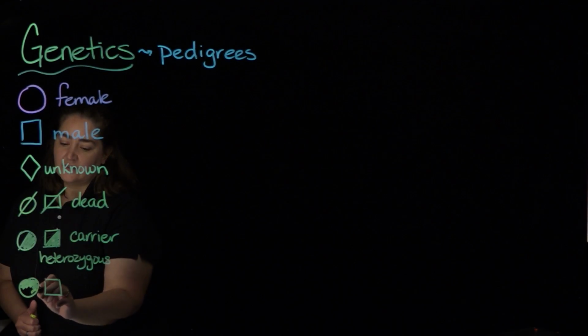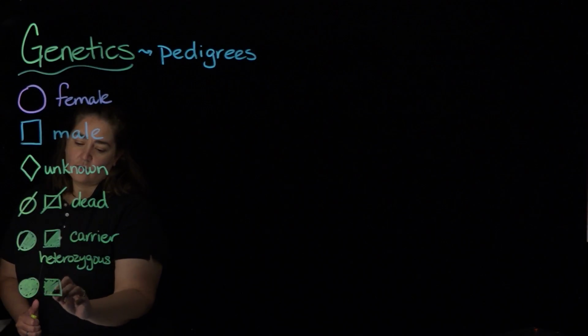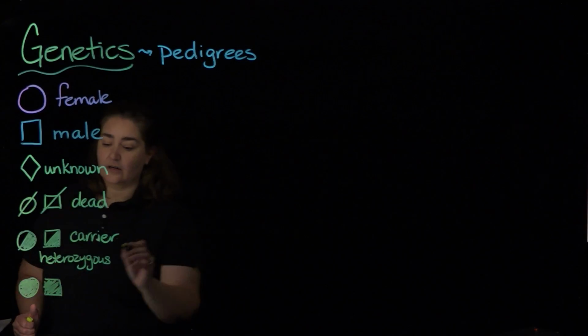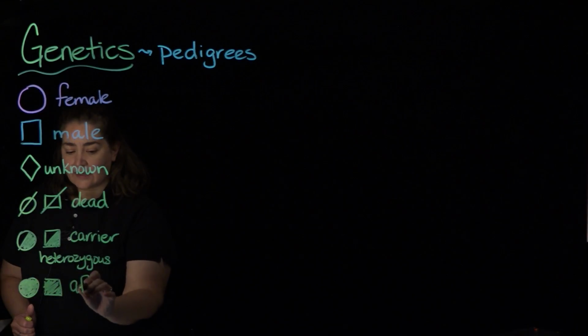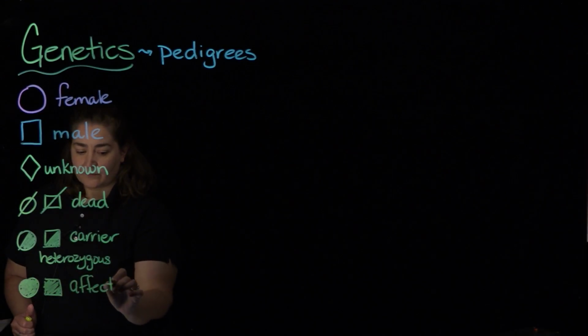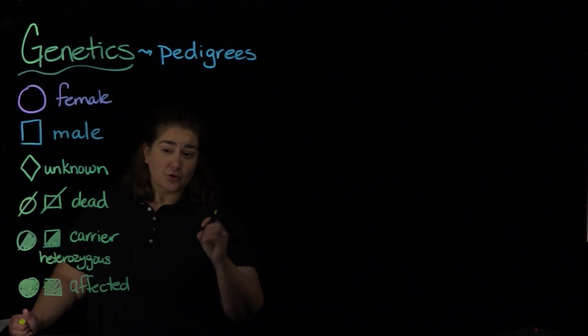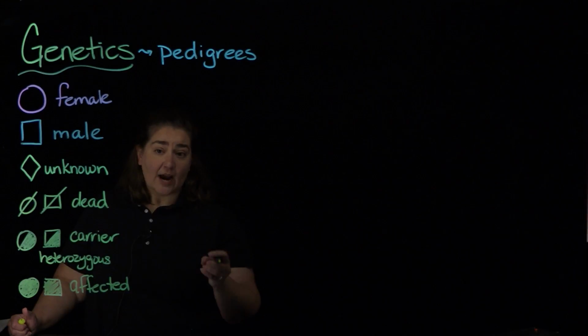If you see a circle or a square that is completely colored in, that's an affected individual, which means they have whatever trait it is you happen to be tracking.